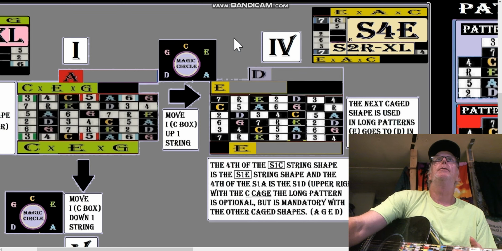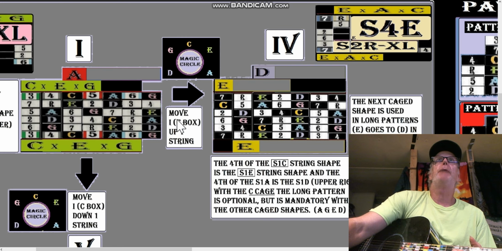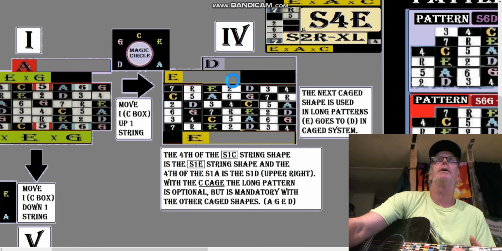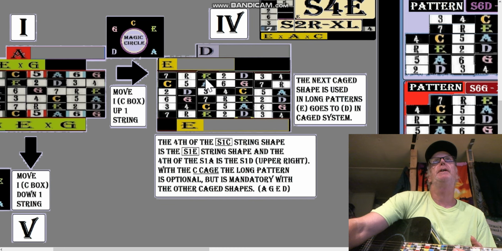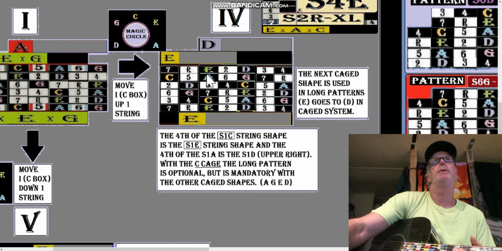Now we want to go to the fourth here. What do we do? Move pattern 1, the C box, up one string. We could do it long or we could do it short. If we do it short, the next cage shape is used in long patterns. It becomes an E shape. Why?